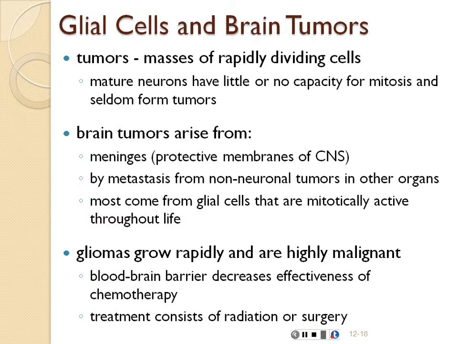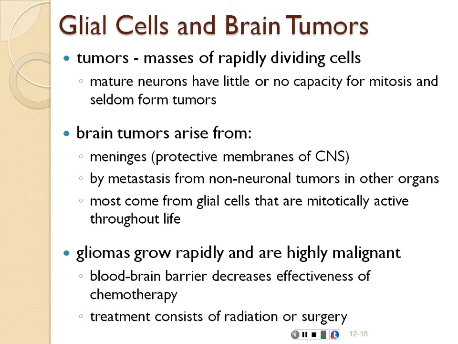The cells recognize that there are cells around them, but they still continue to undergo mitosis anyway. So that's what tumors are. And we know that some tumors are cancerous. Those are called malignant tumors. And some are non-cancerous. They're called benign.